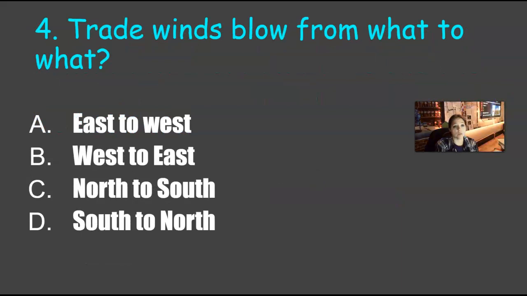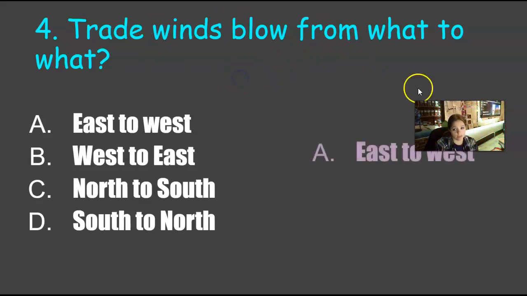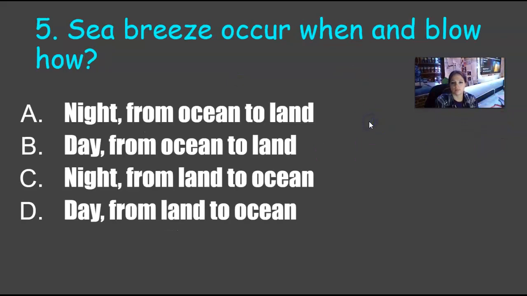Trade winds blow from what to what? These ones are going to be either east to west, west to east, north to south, or south to north. Trade winds, remember, we're going from Europe to America. It's going to be east to west. Sea breeze. When does this occur and how does this occur? Is it at night from ocean to land?